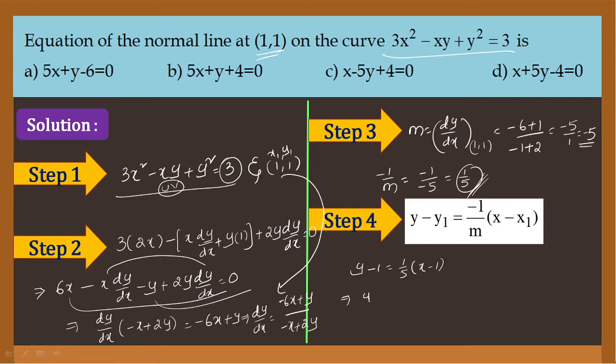This implies 5 into y minus 1 equals x minus 1, so 5y minus 5 equals x minus 1. That implies x minus 5y plus 4 equals 0. Therefore, the answer is option C.